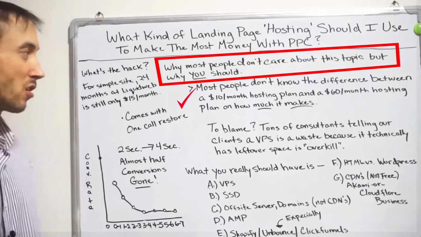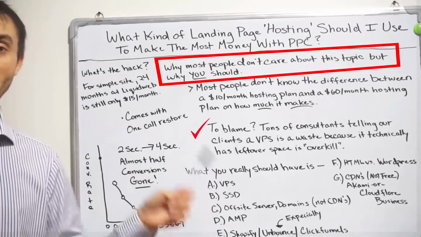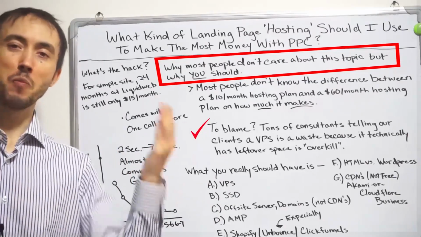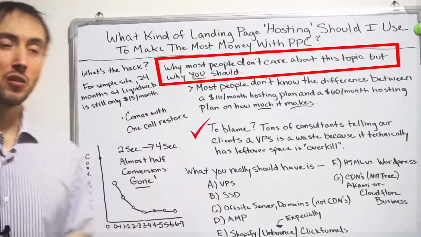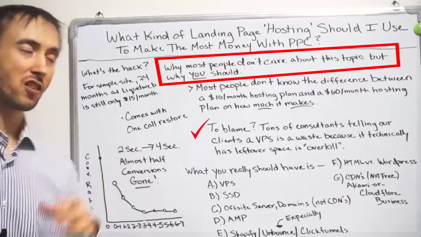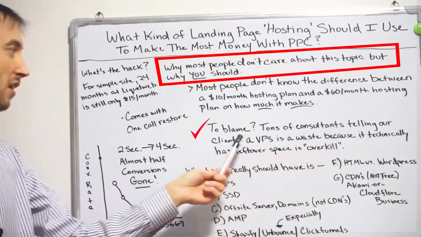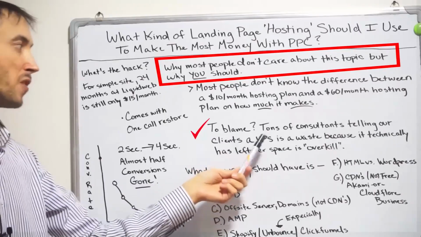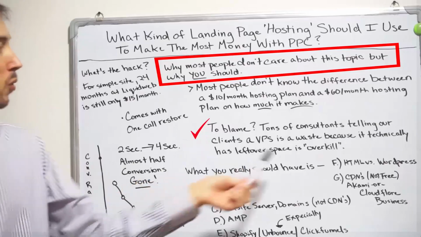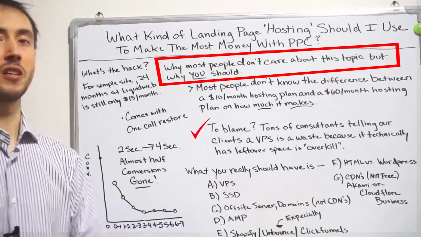So anyway, now that that's out of the way, as a side note, and to back up what I'm saying a little bit more before I give you the methodology on how to absolutely max out your page load speed, and the money you're going to make from that action: the blame is on tons of consultants out there who tell clients a VPS, which is short for virtual private server, is a waste because it technically has leftover space on the server and is overkill.